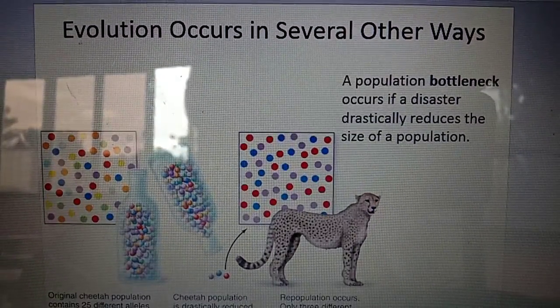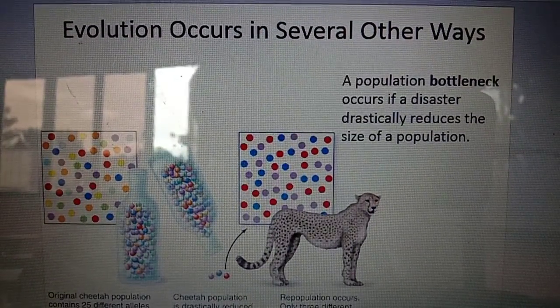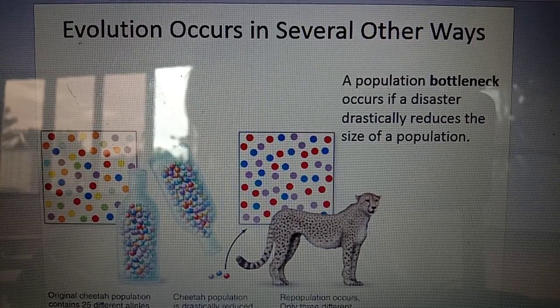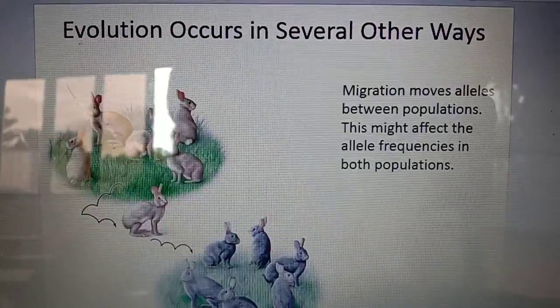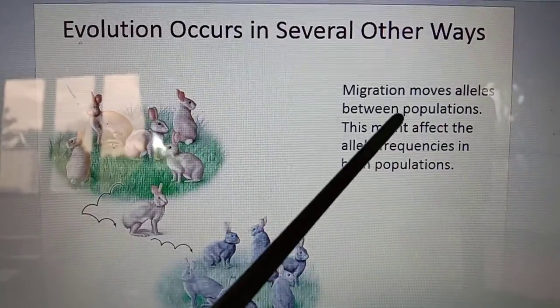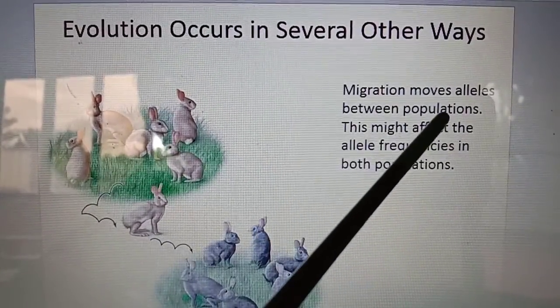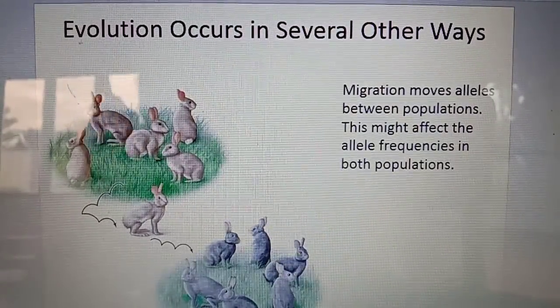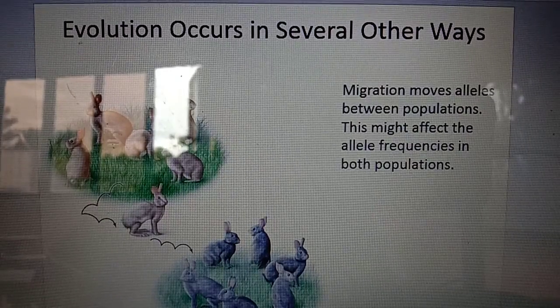We call that a bottleneck. The previous one is called the founder effect. Migration moves alleles between populations. This might affect the allele frequencies in both populations. Correct, right?